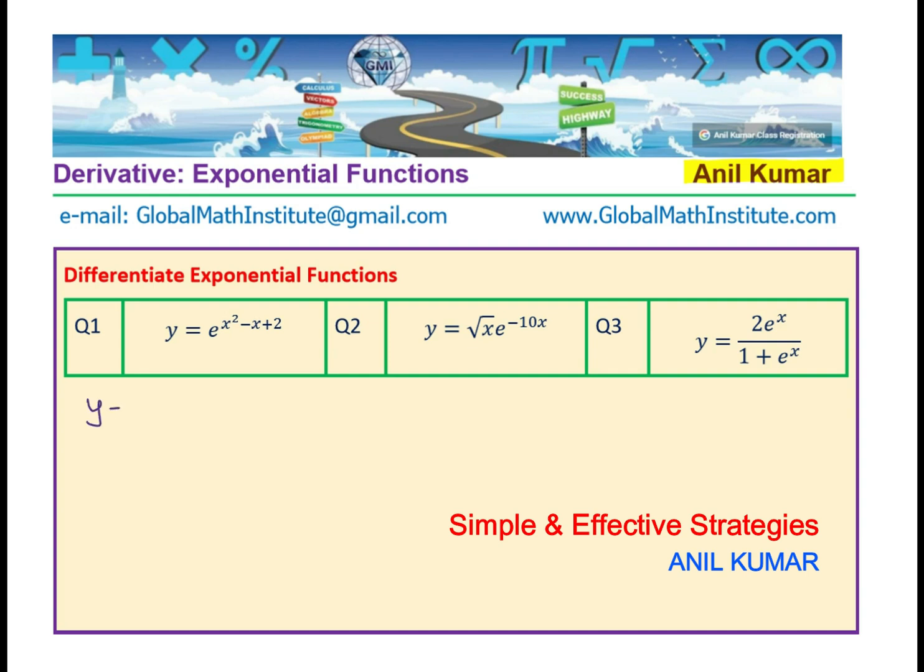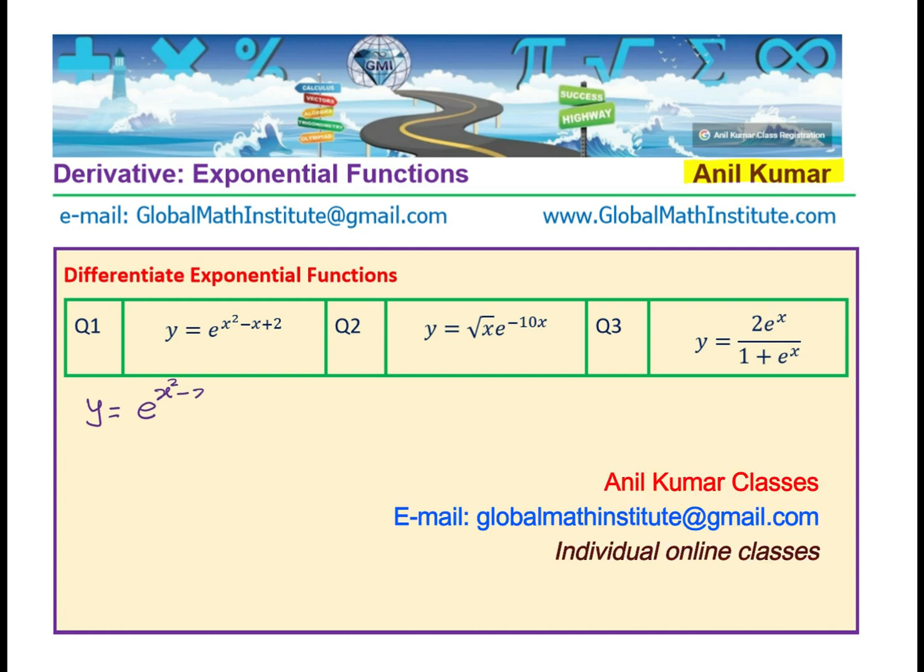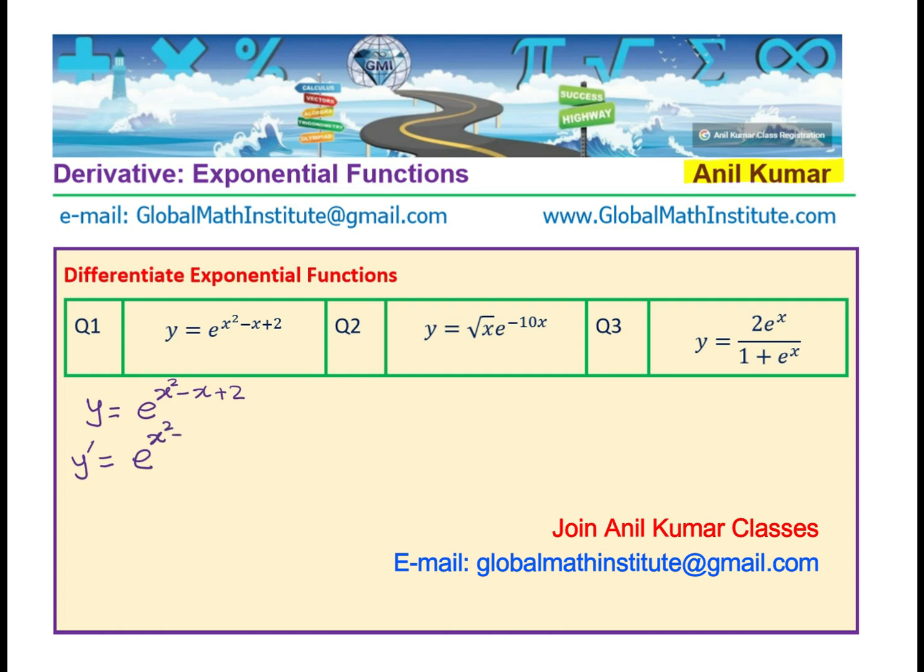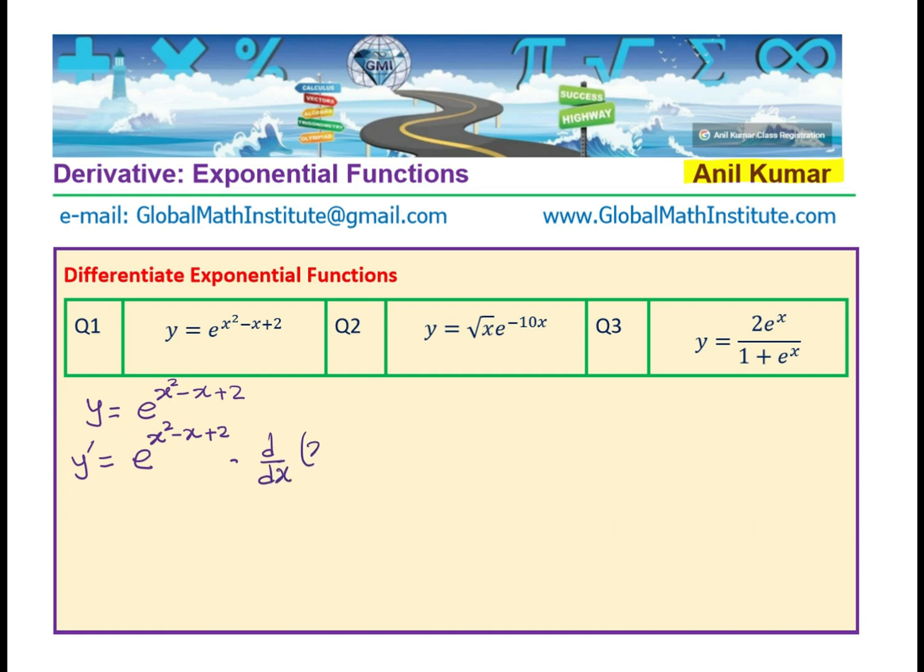So the very first one is y equals e to the power of x squared minus x plus 2. Taking the derivative, we get y prime equals the same function, e to the power of x squared minus x plus 2, times the derivative of the function in the exponent, which is x squared minus x plus 2.